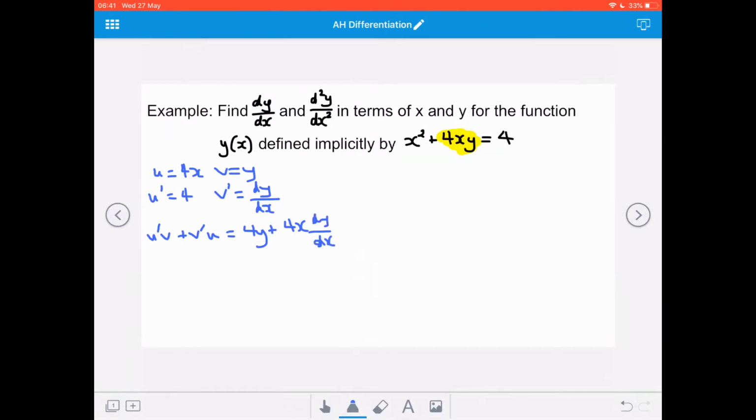So now we're going to substitute that into our implicit function as we differentiate both sides with respect to x. So the x squared is going to differentiate to 2x. Then we're going to have this 4y plus 4x dy by dx.